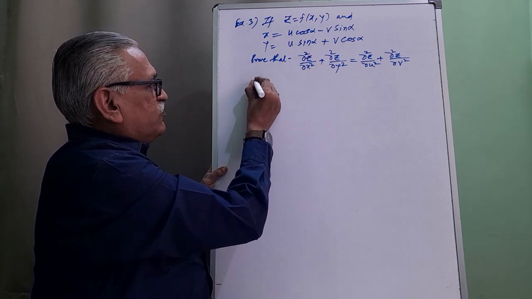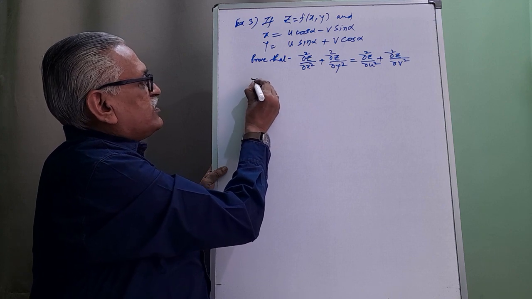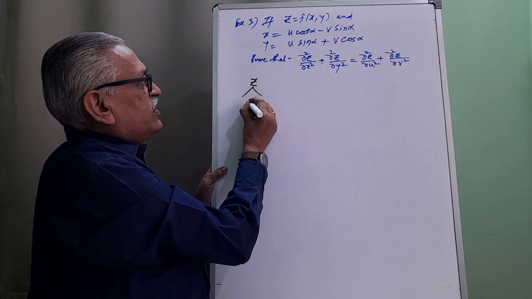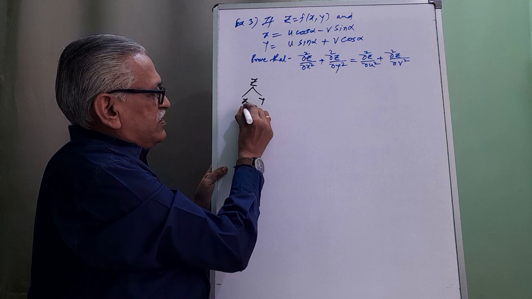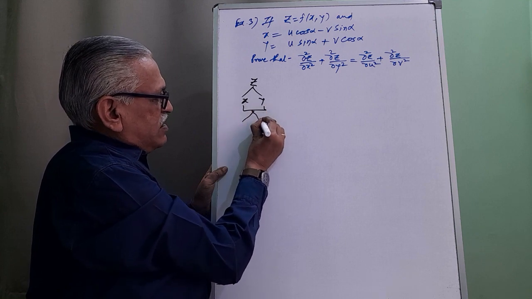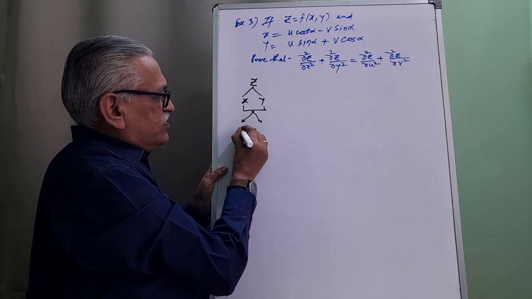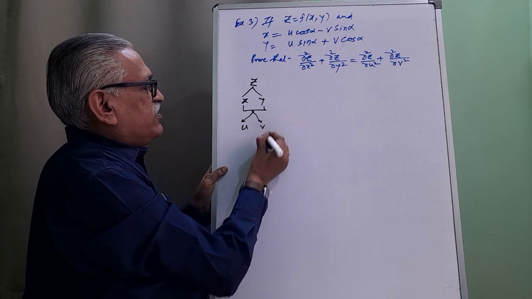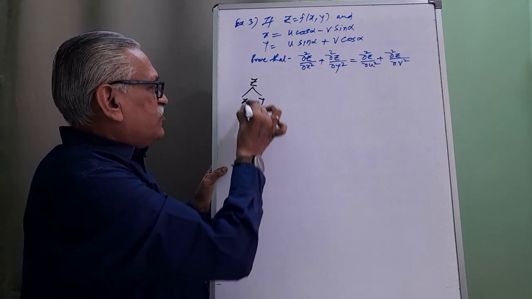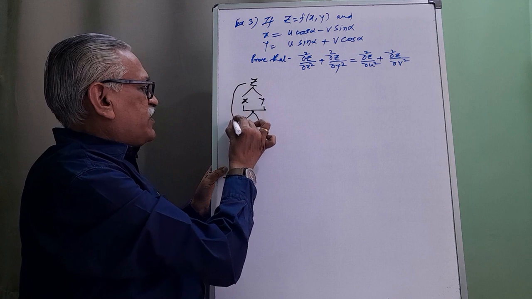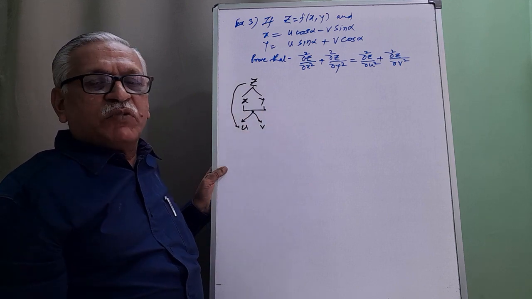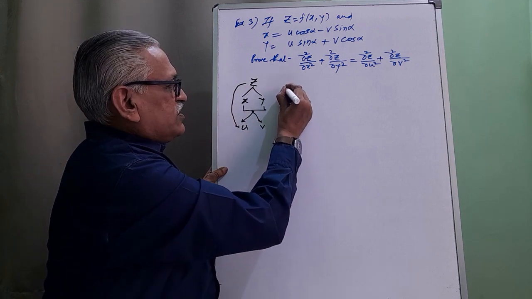And to obtain it, we try to draw the tree diagram. Z is a function of two independent variables x and y, and this x and y are again functions of two new independent variables u and v. Therefore, we can differentiate z with respect to u, but that direct differentiation is not possible.